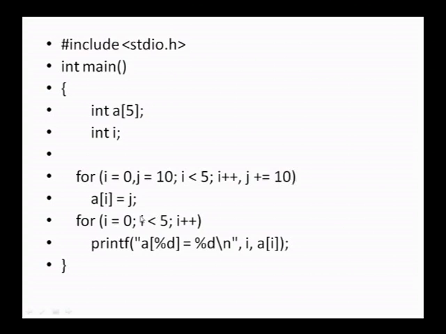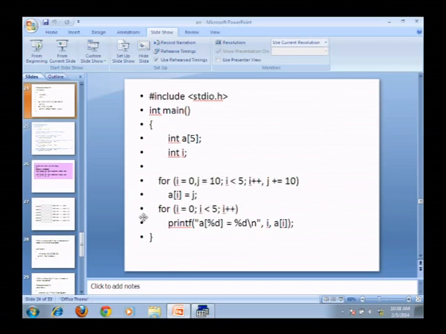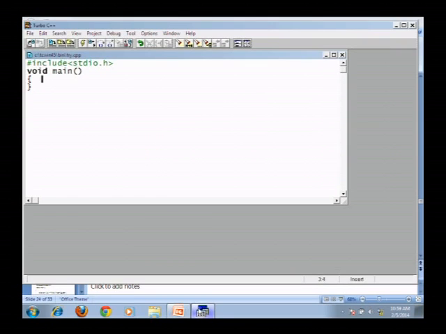Just look into this and try to find out what the output of this would be. Any guesses? We will just try to execute this program and find out what the output would be.